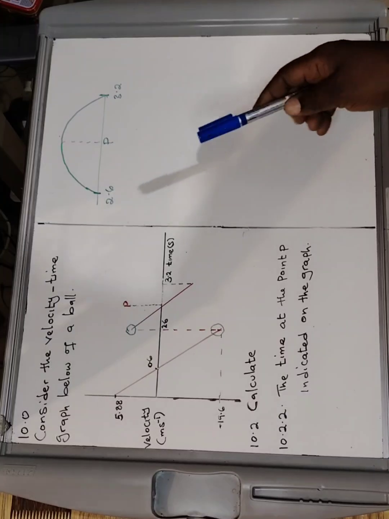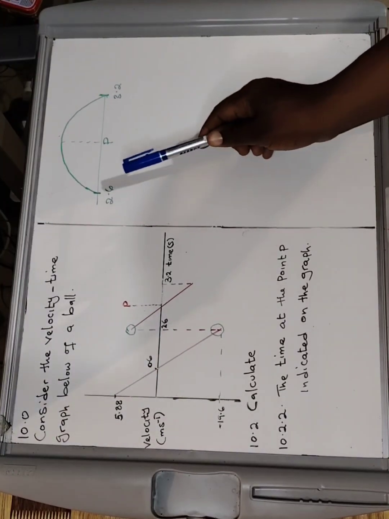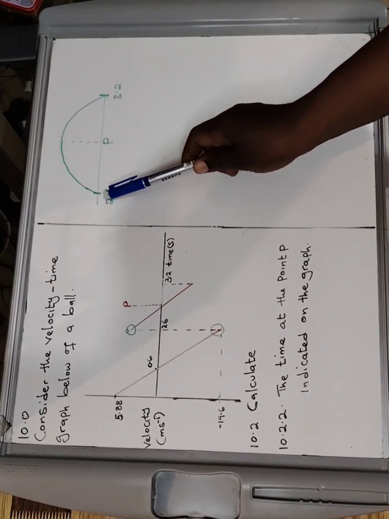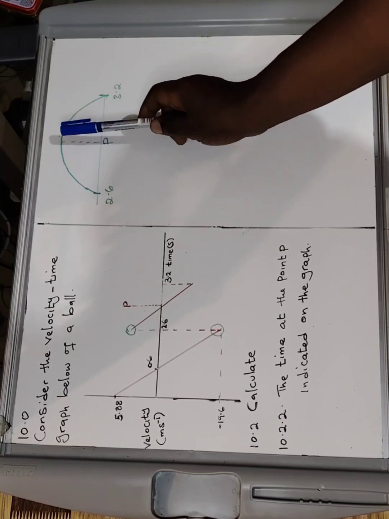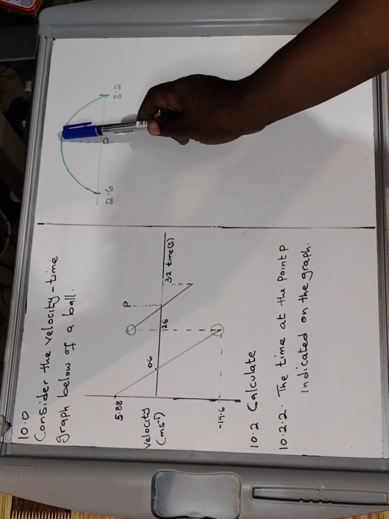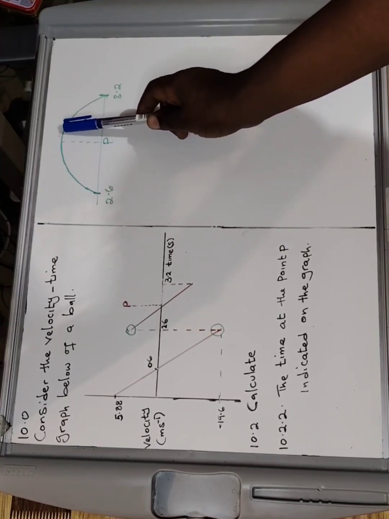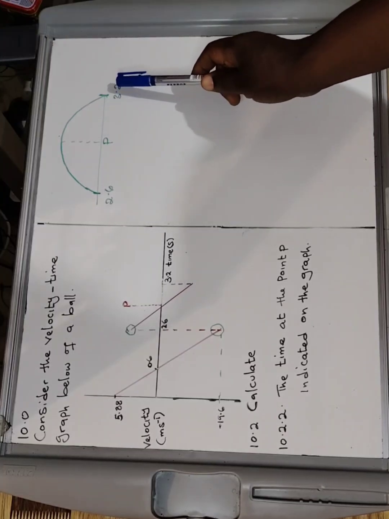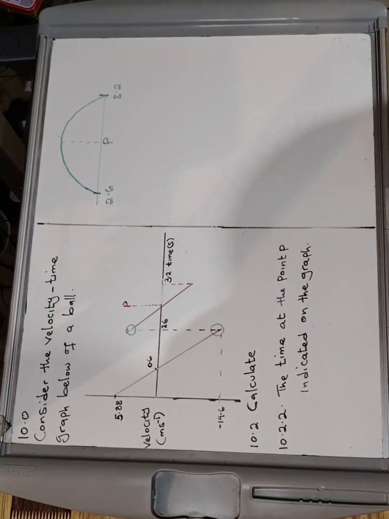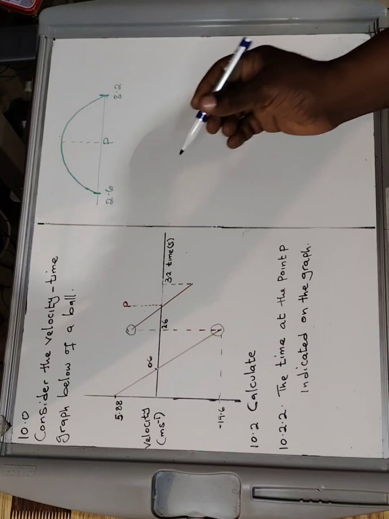Now you have to remember that for a ball which is projected upwards, reaches maximum height, then comes from maximum height and comes back to the point of projection. This is the truth about it.